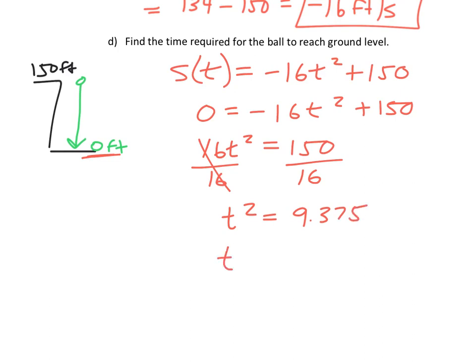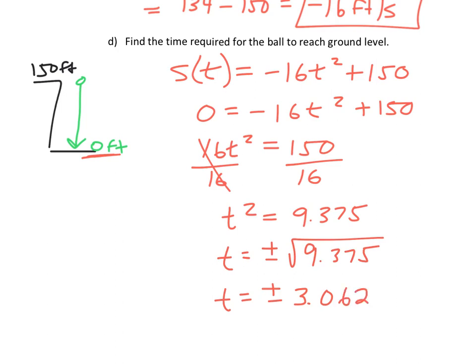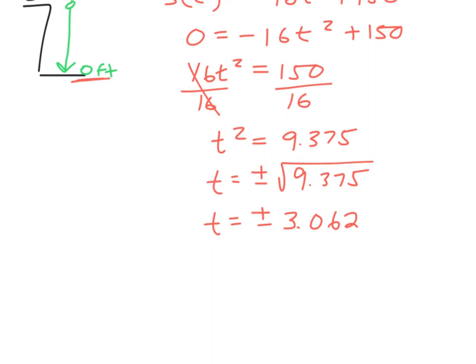So I get t is equal to plus or minus the square root of 9.375, and if you evaluate that in your calculator, you end up with t is equal to plus or minus 3.062. Now, time cannot be negative, that doesn't work in real life, and so here I'm only going to include the positive version, so my final answer would just be time is equal to 3.062 measured in seconds.